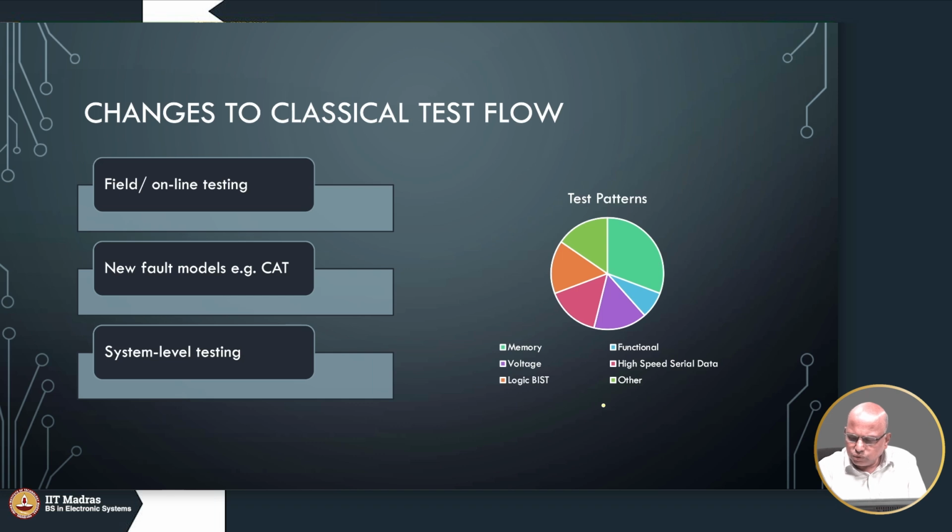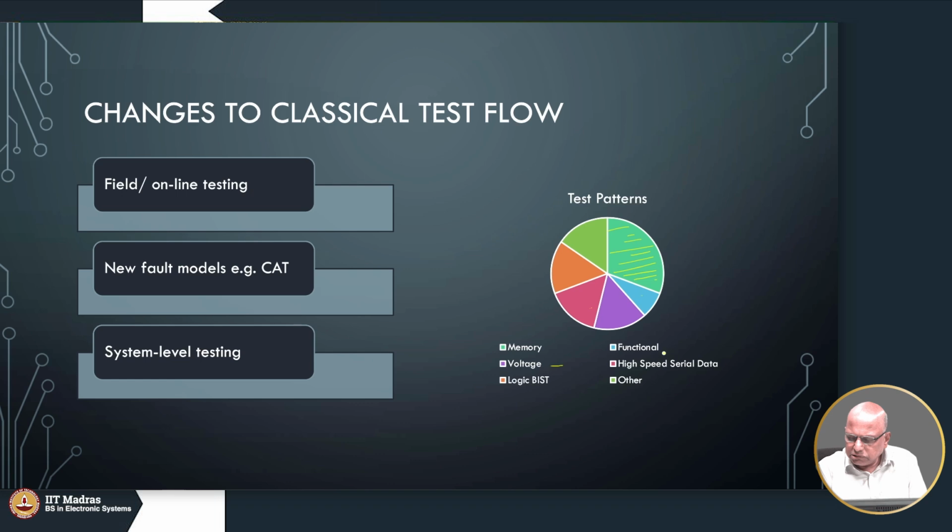So here I have shown the breakup. This memory test patterns perhaps are a major portion of the test that we apply. Makes sense because a lot of our chip area is occupied by memories. Then voltage tests means I am referring to things like stuck at fault, etc. Then there is logic based.